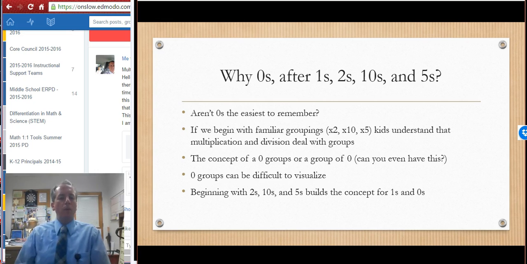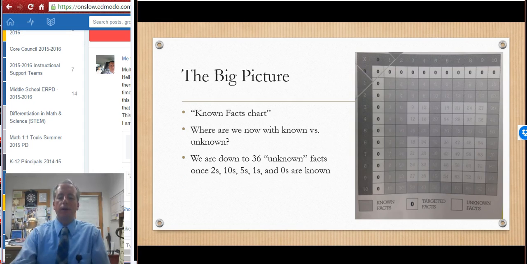So like I say, it's hard to even picture a group of 0, although there are some scenarios where we have nothing. We have a group, but there's nothing in that group from a certain category. So we'll look at a couple little examples of that today, with the understanding that 0 groups for kids is difficult to visualize and to think about.